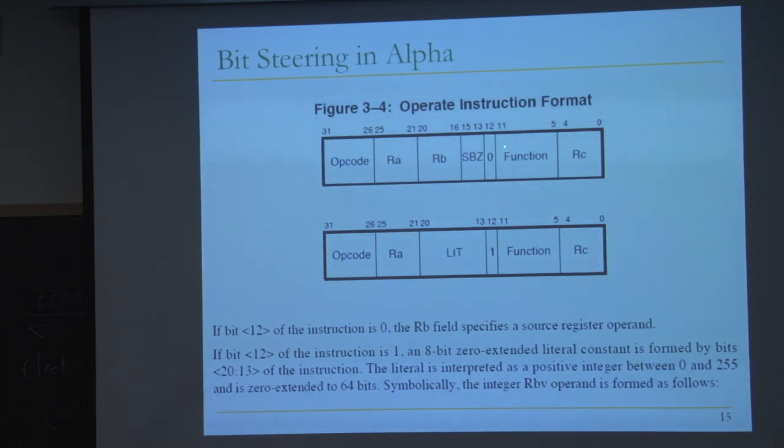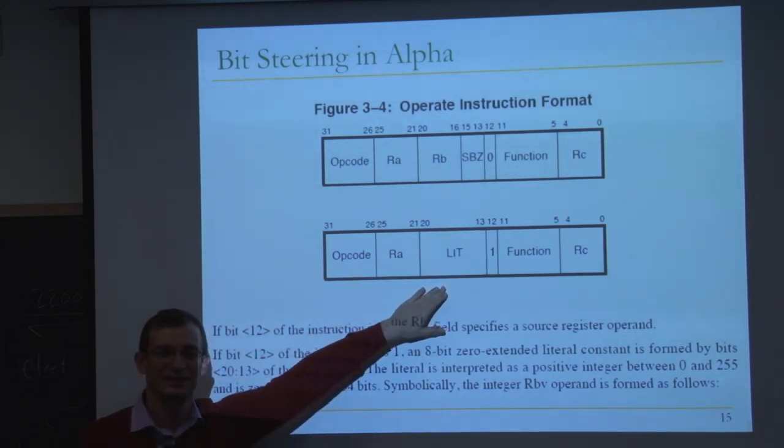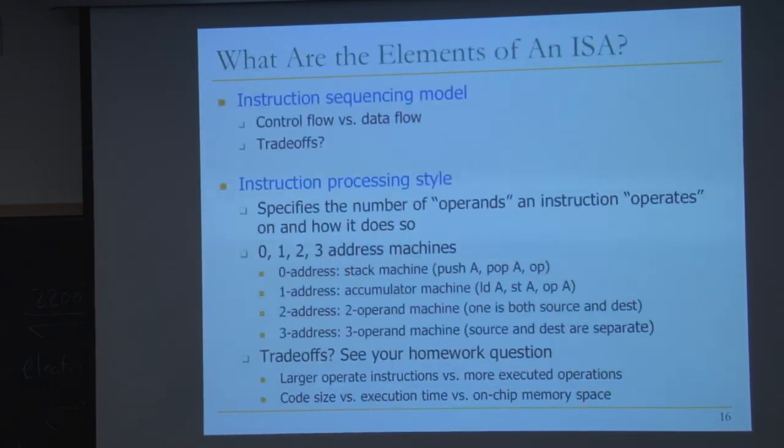If bit 12 is 0, then it's a register to register operate instruction. You operate on 2 registers and put the result in the destination register. If the bit is 1, you operate on 1 register and 1 immediate, called literal in Alpha, and put the result in the destination register. So that concept exists in many ISAs.